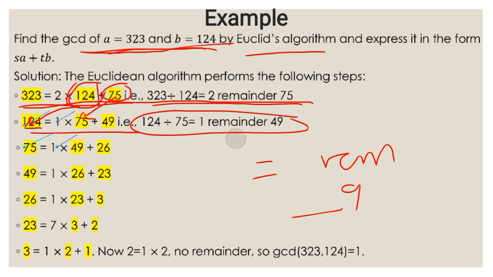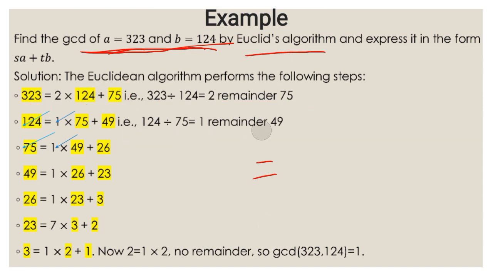Again, I haven't gotten this. I have to keep repeating my recurring equations until my remainder is 0. So what I have to do now, I take my 75, bring it forward, and take 49 and bring it forward. 49 is my latest remainder, remember?